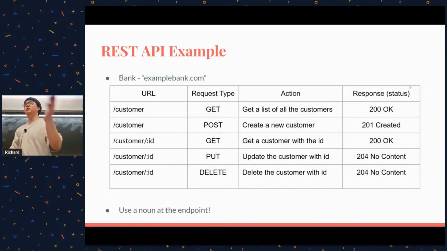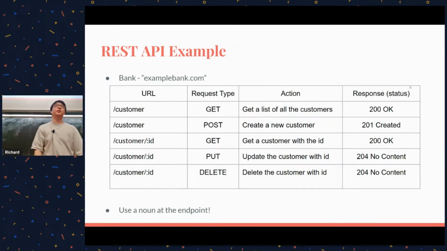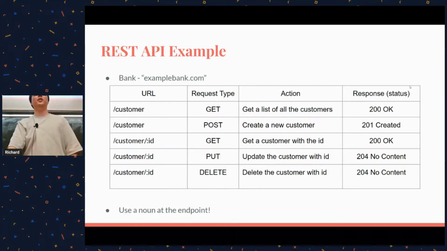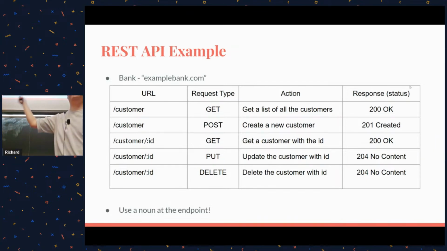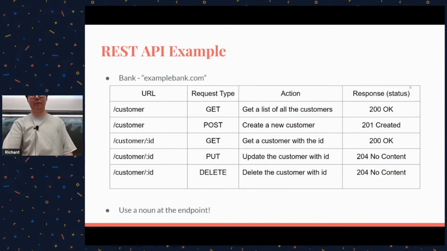Once you start working on it, you may realize that it would have been better to use nouns, because all the verbs are getting handled by the request type anyway. If you have an endpoint that says get user and the request type is GET, then of course, there's no need. So always try to use a noun at the endpoint. It will really make your life easier, and it's just a standard.